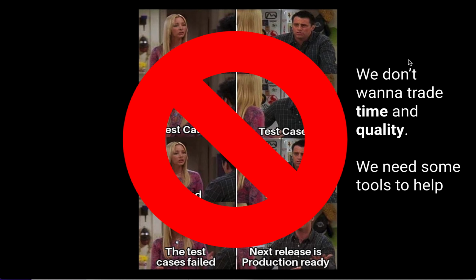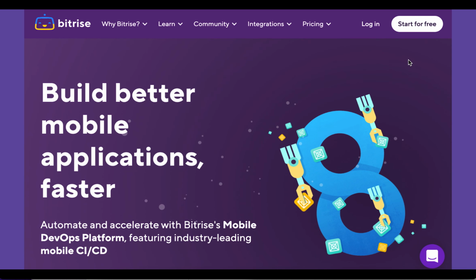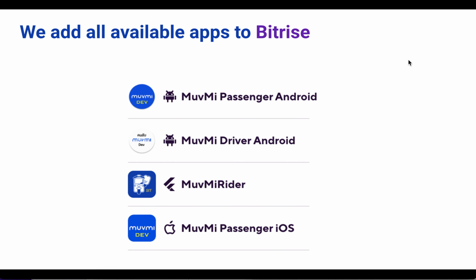One day, our former DevOps introduced us to a tool called Bitrise, which I think most of you already know about. It's a mobile DevOps platform for mobile CI/CD. After we explored it for a while, we decided to add all four of our apps into Bitrise.